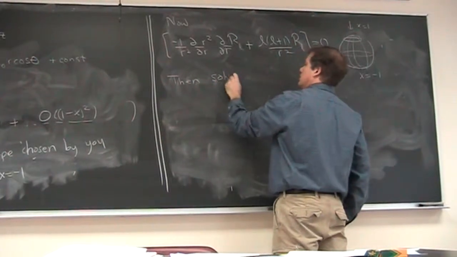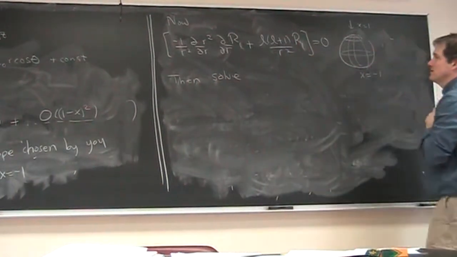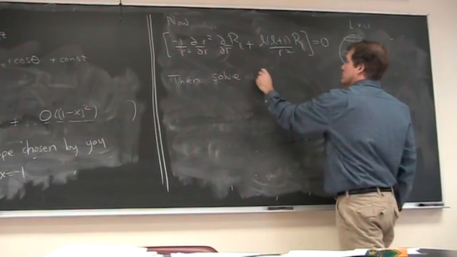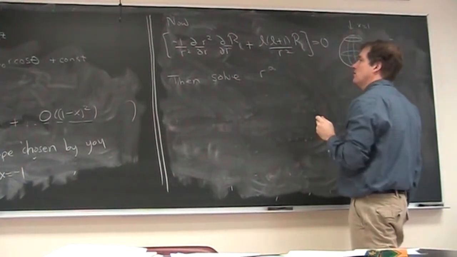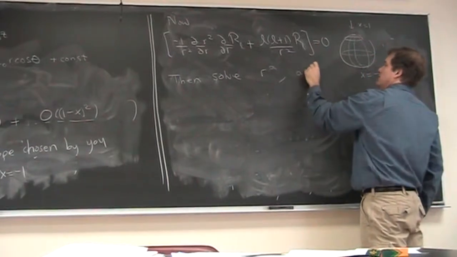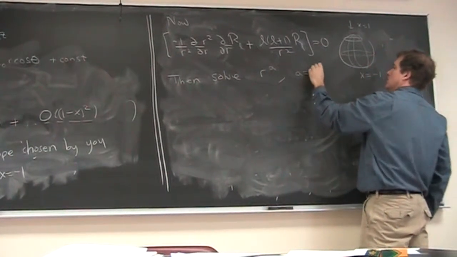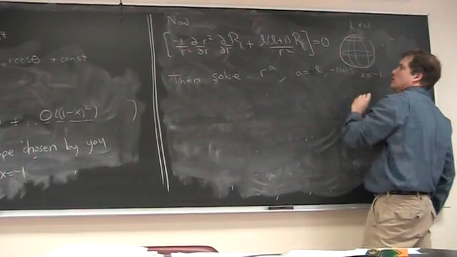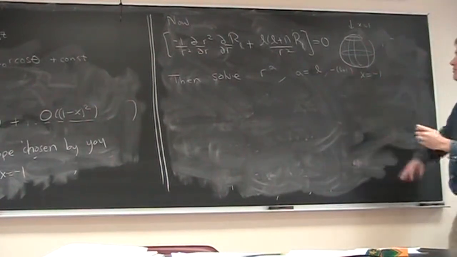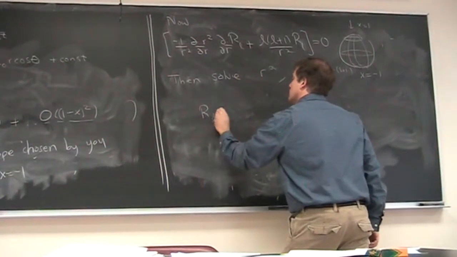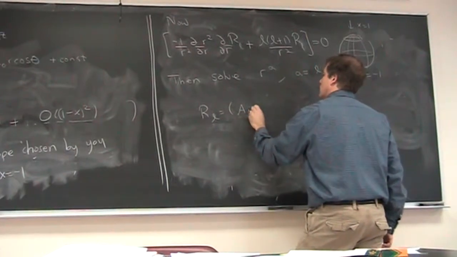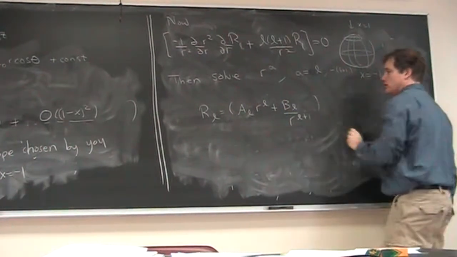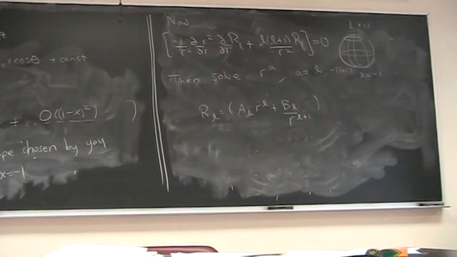It's homogeneous, meaning that if you multiply it by a constant, you still get a solution, so you're going to try some power r to the a. And it turns out in this case that a is equal to plus L and minus L plus 1. So you get two solutions to the differential equation. So R_L is some constant, say A_L, r to the L, plus B_L, r to the minus L plus 1. That's the general solution to this differential equation.